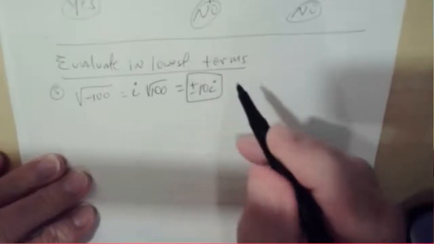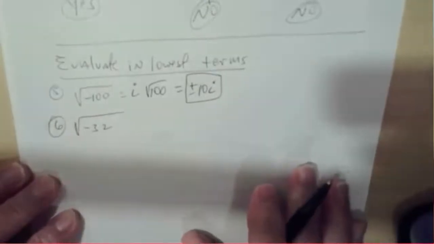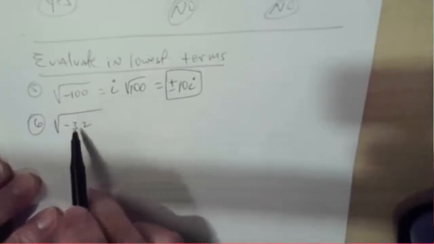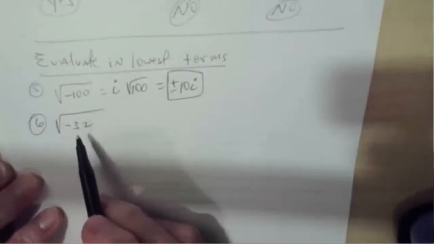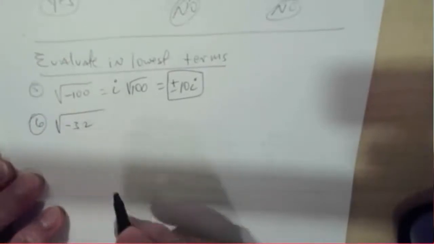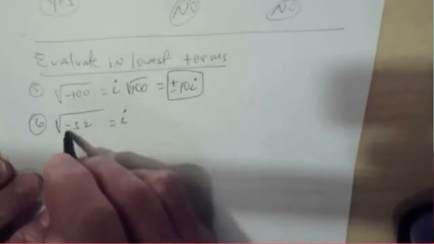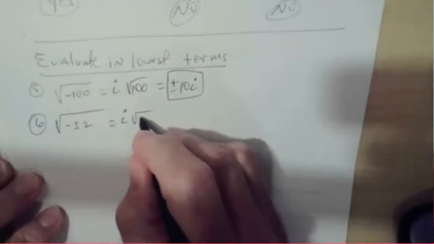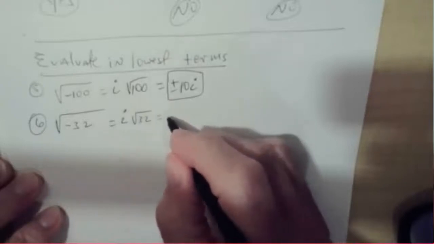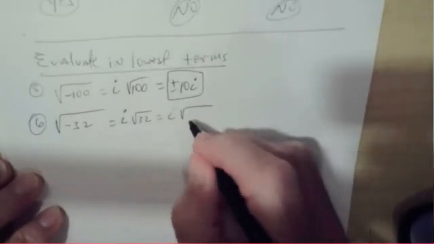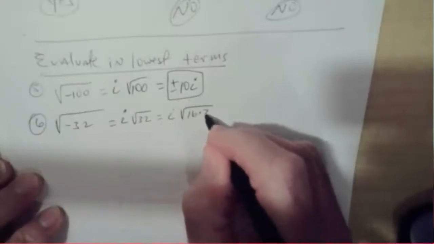Number 6 is the square root of negative 32. Now what we want to do is factor the 32 where one of the factors is a perfect square. Now let's go ahead and take out the i. Square root of 32. So that is i times the square root of 16 times 2. 16 is a perfect square.